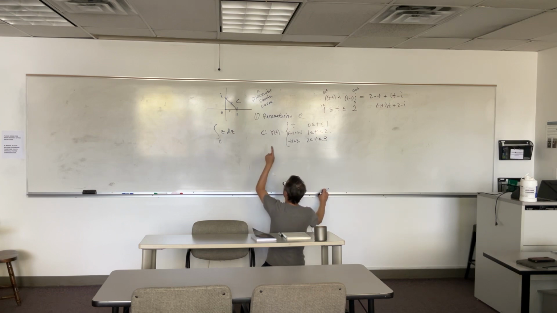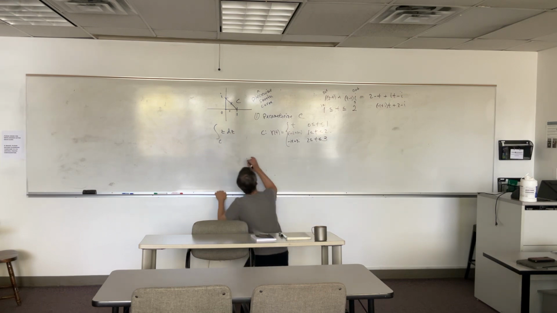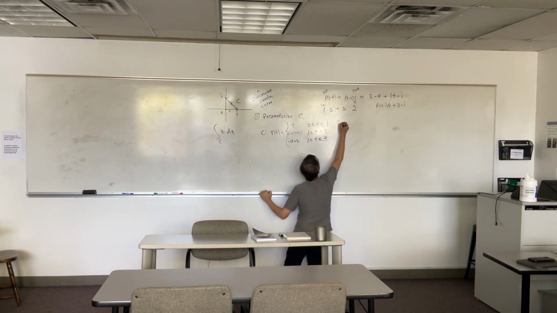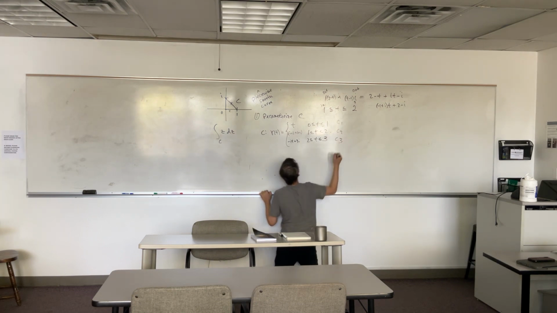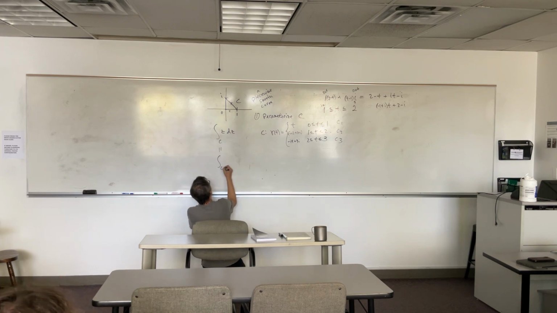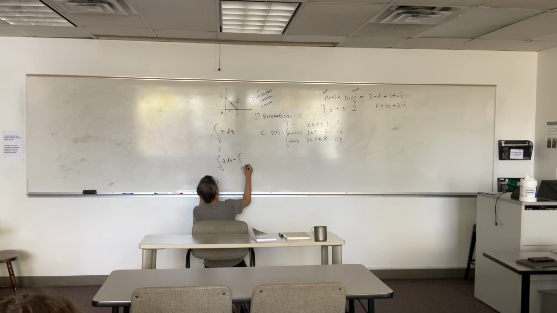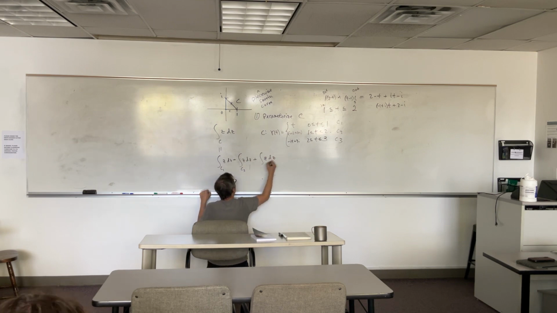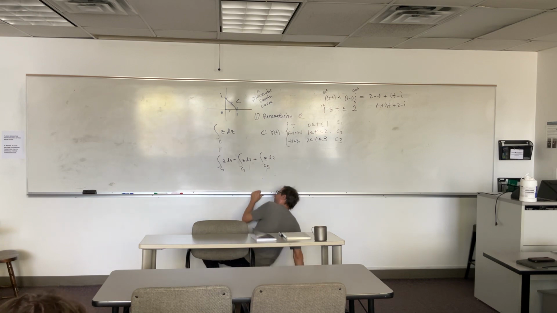So, to do this integral, I'm going to break this apart. I'm going to call this C1, C2, and C3. And this integral then becomes the integral of z over C1 plus the integral over C2 plus the integral over C3. And we just have to do each of these now as we already know how to do.